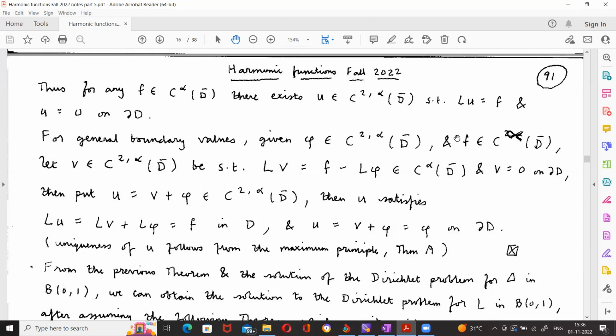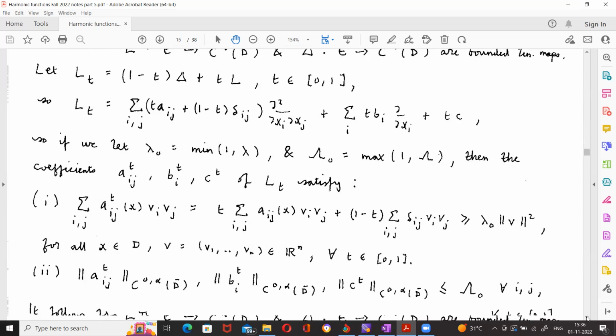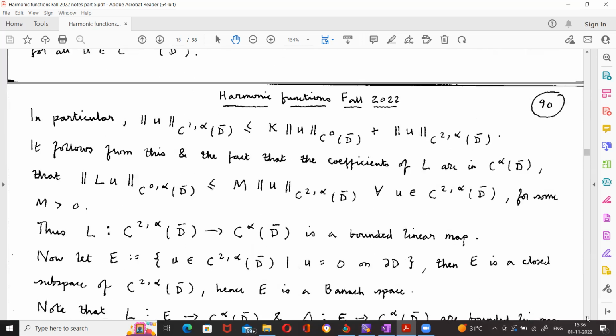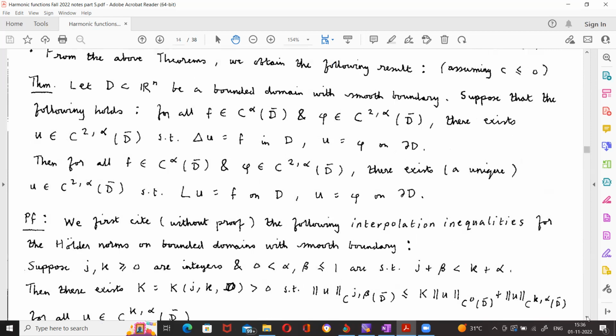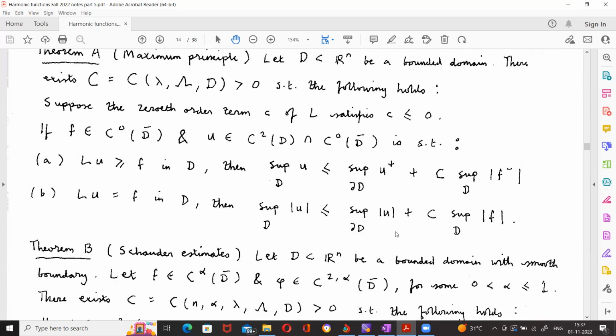And also the boundary values of U1 minus U2 will be phi minus phi, that will be 0 also. So then this maximum principle here, part B, the sup of mod U is less than sup of mod U over the boundary plus C times sup mod F. Here, this F is going to become 0. So this second term will vanish.